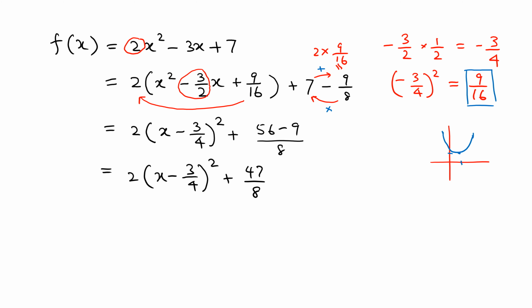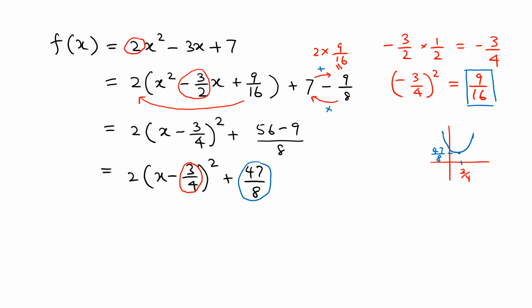That corner has an x coordinate and a y coordinate, and this clearly gives you both. If you look at this part, this is the x coordinate without the negative sign, so that means 3/4 in this problem, and this is the y coordinate, again with the sign, so this is 47 over 8.